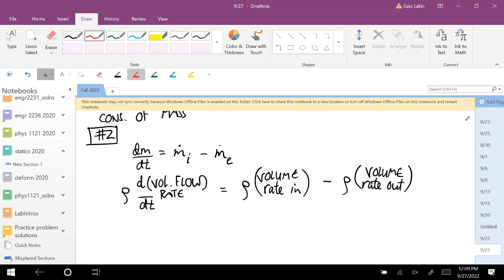All those densities just cancel, so you can do this all in terms of volume for a liquid. You can't do it that way for a gas because the densities will be different at different times. But for a liquid, you can, because it's basically incompressible.